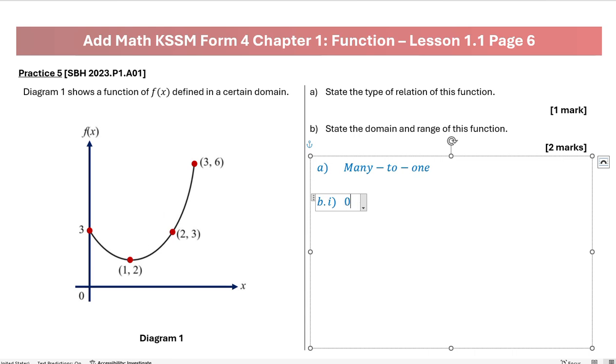Domain is always x, and the rightmost is 3. Again, you can see clearer if you draw a dotted line here. 3, 6.